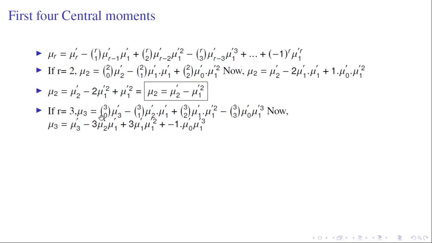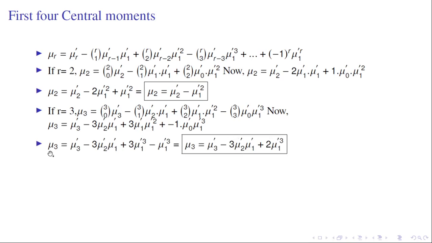Now this is 1 into mu 3 dash, minus 3c1, 3, into mu 2 dash mu 1 dash, plus 3c2, 3, mu 1 dash into mu 1 dash square, minus 3c3 is nothing but 1, and mu 0 dash remains, mu 1 dash whole cube here.